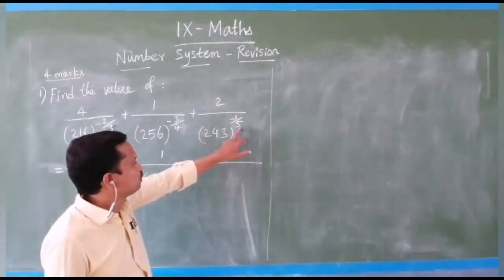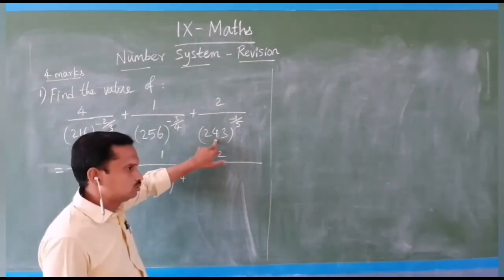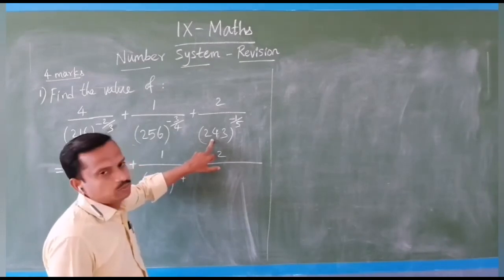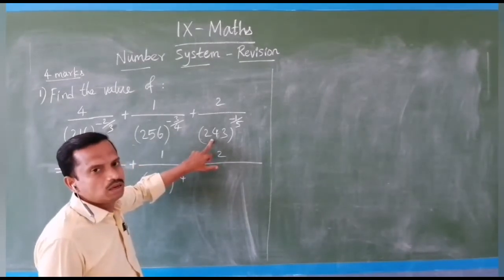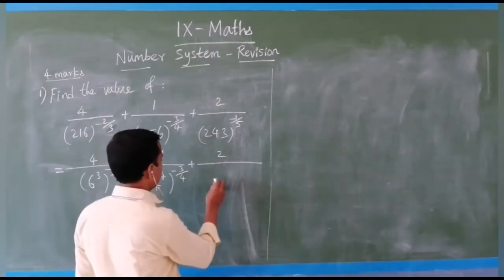Here the denominator of the exponent is 5, so you have to change 243 into exponent form with exponent 5, so that means 3 power 5.